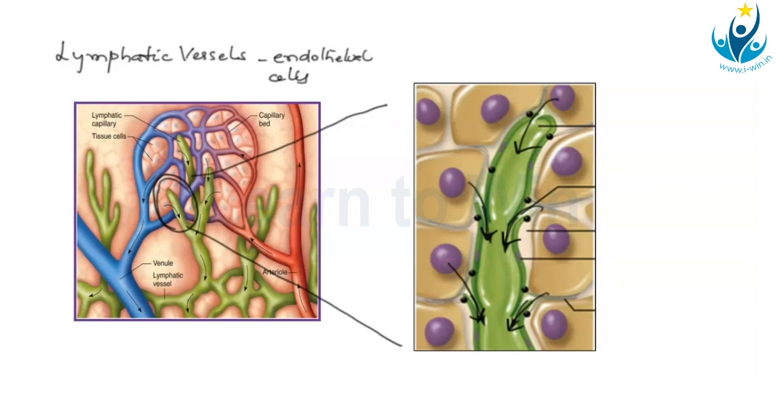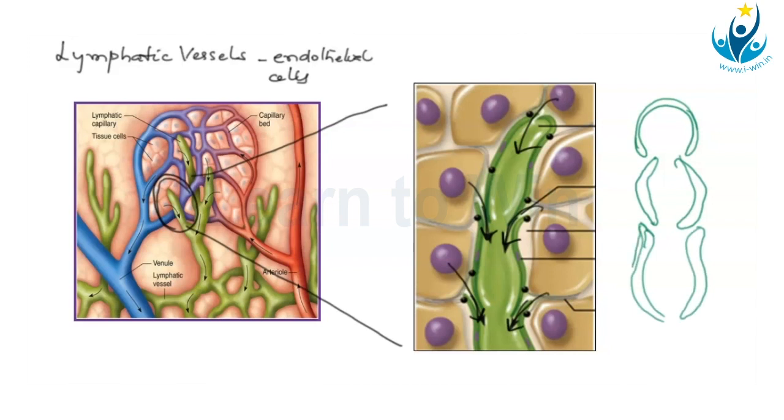I'll show you how. Can you see these cells? If I have to draw these cells, I will draw them like this. The endothelial cells of the lymph will be like this.